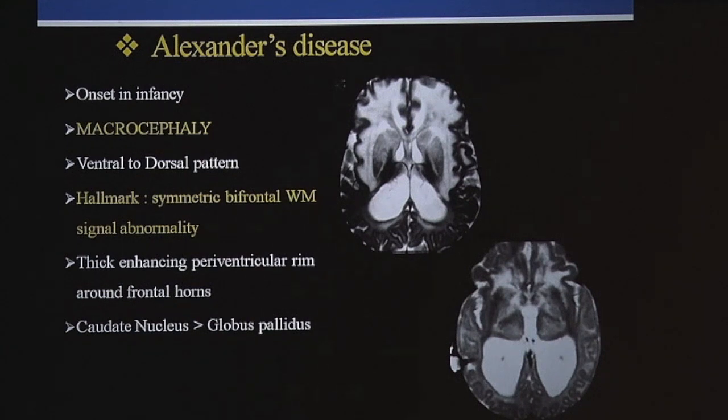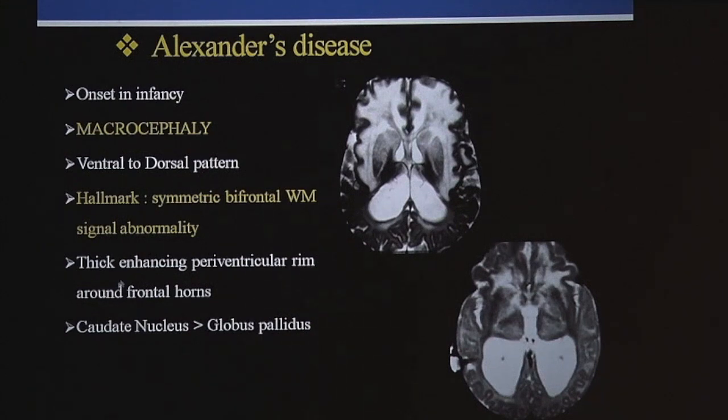So we did MRI. In addition to residual hydrocephalus, what we are seeing here is affection of anterior white matter. Large head, affection of anterior white matter and affection of anterior basal ganglia. So this pattern of grey and white matter affection is a ventral to dorsal pattern.